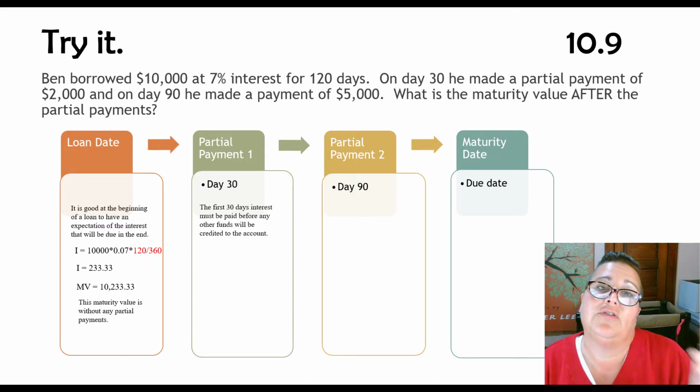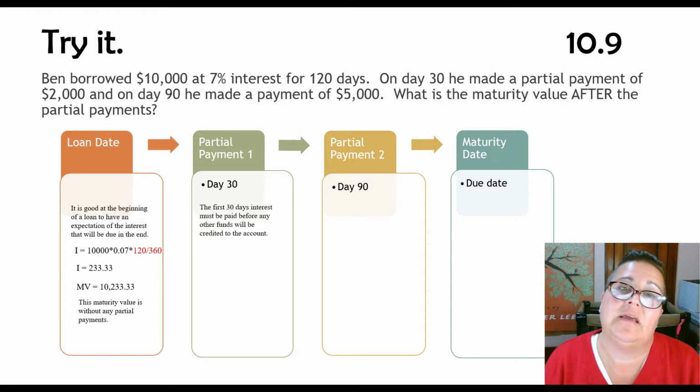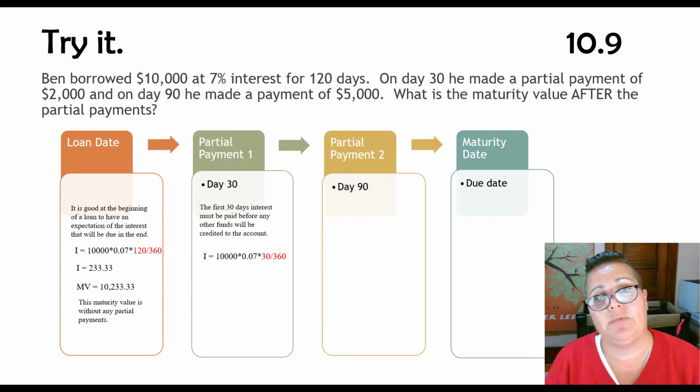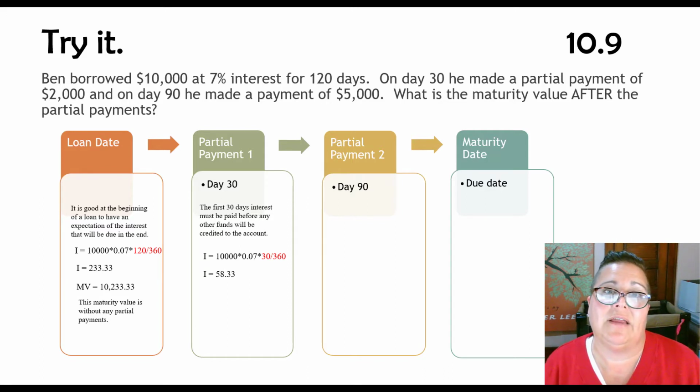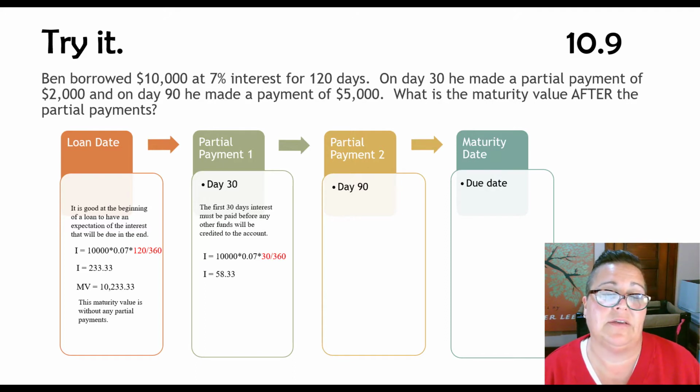So the first 30 days of interest, according to the U.S. bank rule, will have to be taken off of the payment. So that amount of interest is $10,000 at 7% for 30 days out of 360. Remember, we're paying interest on the whole $10,000 because in the beginning, it's $10,000 we owe. So if I calculate that out, I get $58.33. That's $10,000 times 0.07 times 30 out of 360.